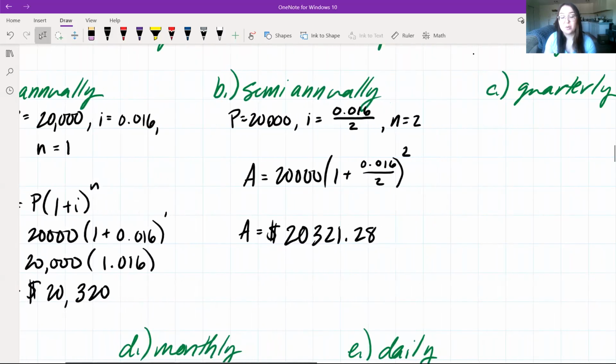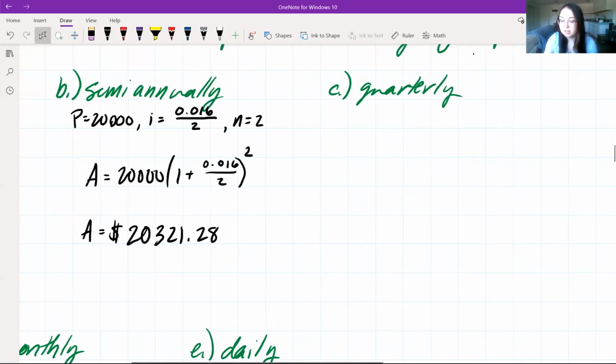So now let's try it with quarterly. Same thing as before, P is still going to be 20,000. Now our i value, since quarterly means 4 times a year, is going to be our interest rate divided by our number of periods per year, which in this case is 4.